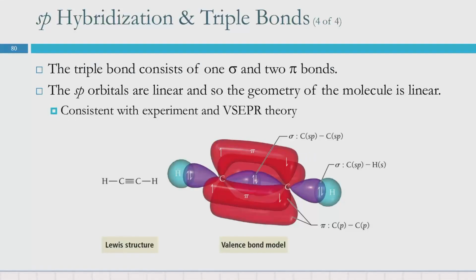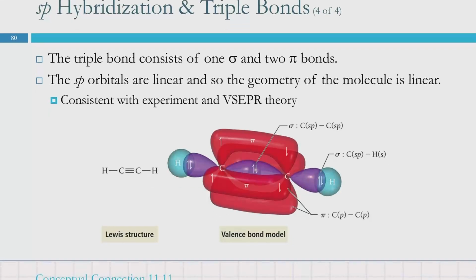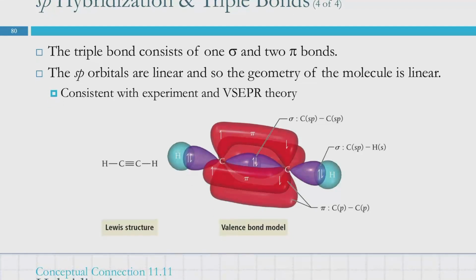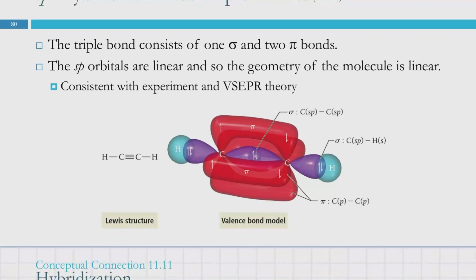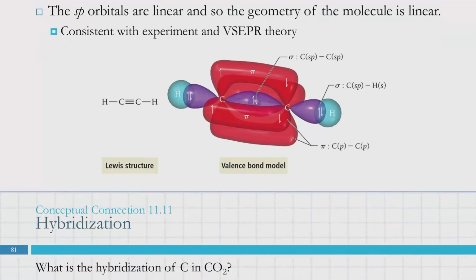So one of them is in an up-down position, and the other one is rotated 90 degrees to that. So it would be the way that it's shown here, the front-back. So we've got the end-to-end overlap, we've got the up-down, and we've got the forward-backward. Those are our 3 bonds that we're forming here for our sp hybridization.